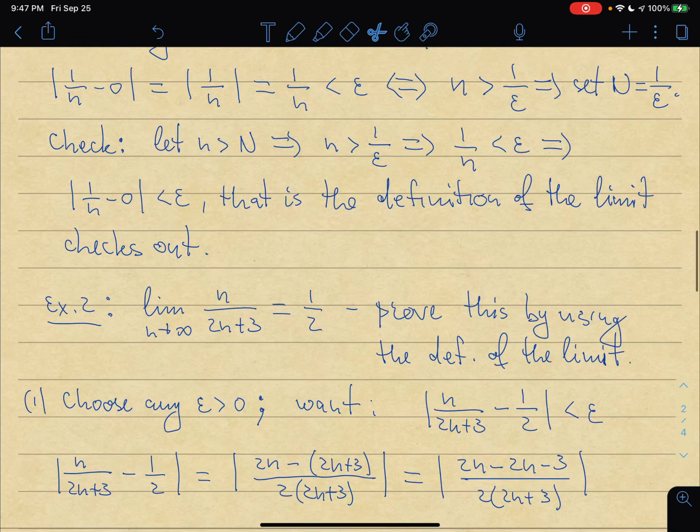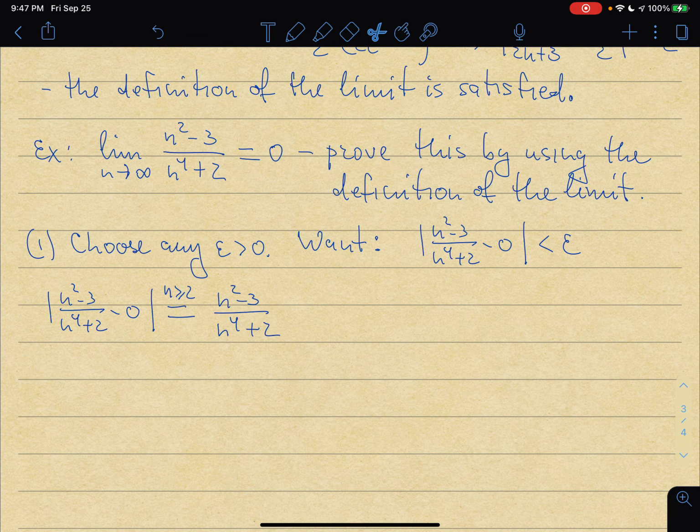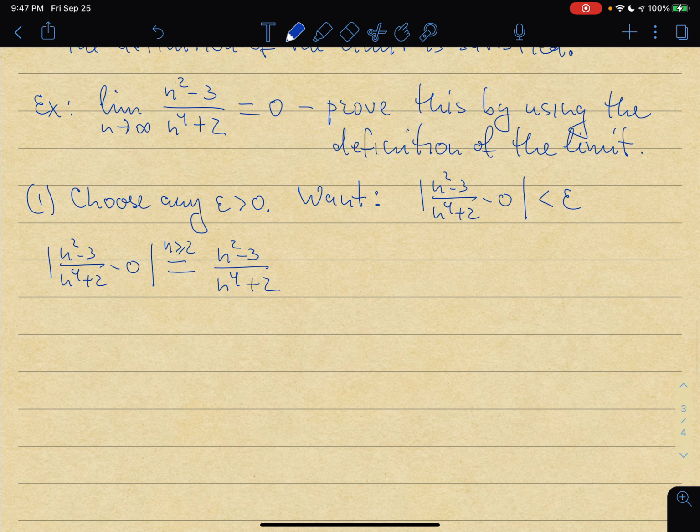So, with this in mind, the capital N that I'm trying to find does not have to be the least possible capital N.